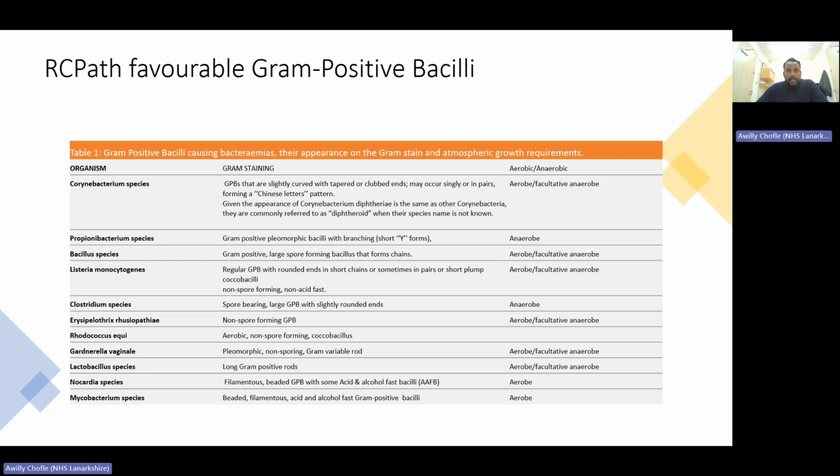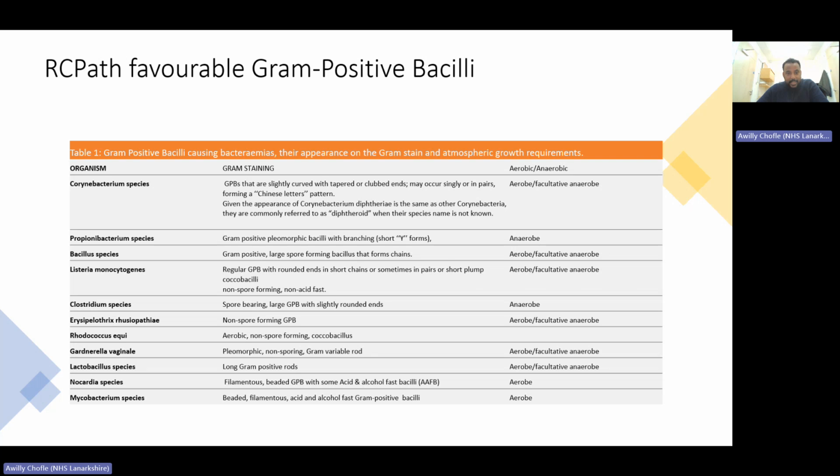The FRCPath have a favorite of gram-positive bacilli organisms, and in the lab we usually just ignore them unless they are coming from a sterile site, but it's very important to read them through. I remember we had Nocardia in our exam, we had Listeria in our exam, we had Bacillus in our exam.